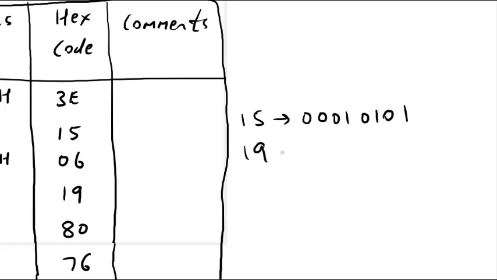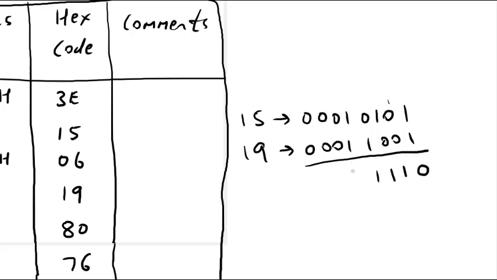Then 19: 1 is 0001 and 9 is 1001. Now I add these numbers: 1 plus 1 is 0, carry 1, and so on. So the answer is 0010, which in hexadecimal is 2E. So the answer should be 2E.